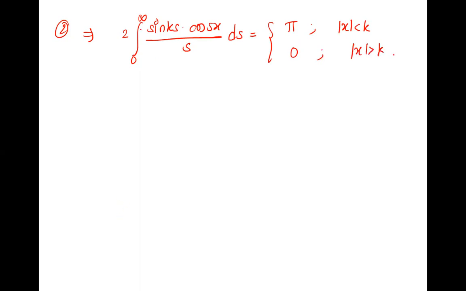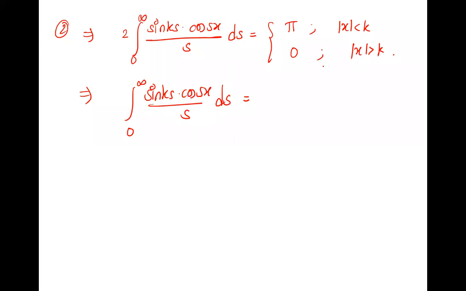And if they ask you this 0 to infinity, what will you do? If it is asked integration 0 to infinity value of this sine ks cos sx upon s ds, what will be the answer?